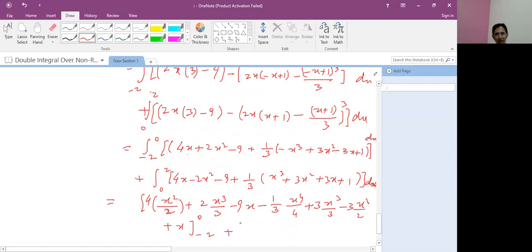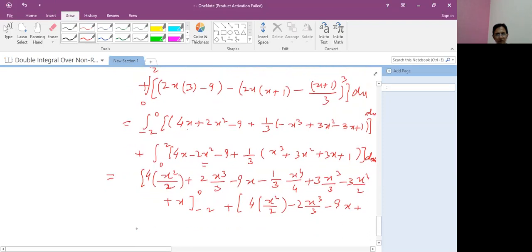Now for the second integral: 4 times x²/2, minus 2 times x³/3, minus 9x, plus 1/3 times (x⁴/4 + x³ + 3x²/2 + x), with the limit from 0 to 2.